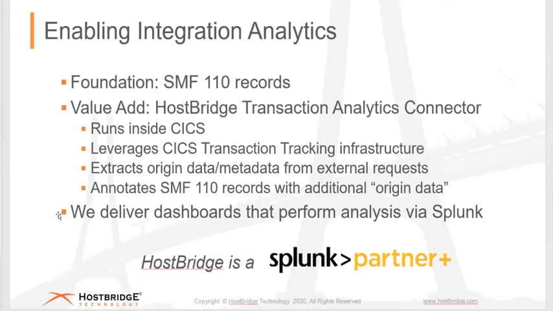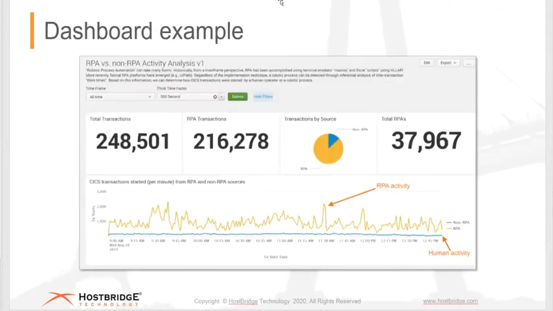So let's actually get down to some fun stuff, and let's look at some dashboards. These dashboards actually came off live data. And this one, for example, is just one of the first things that we do. We do an analysis of think time.